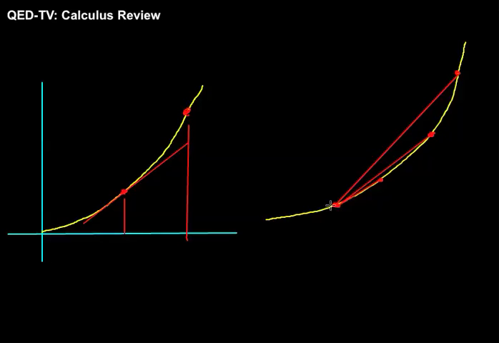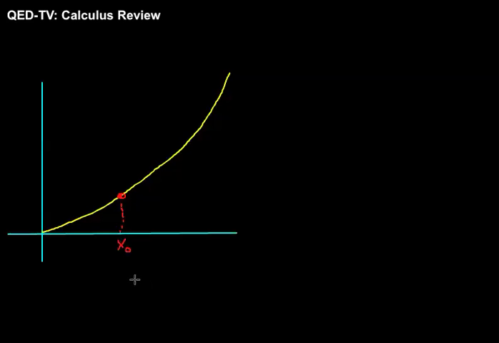Isaac Newton called these fluxions, and this is why he invented calculus. So if we look at this again, we'll draw a curve on here again. And what we're going to do is look at this particular point right here, and we're going to call that point x naught.